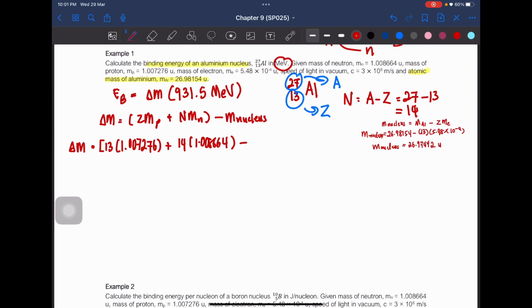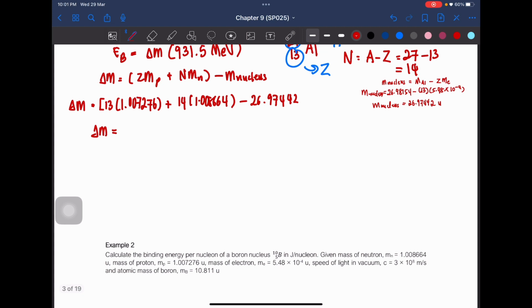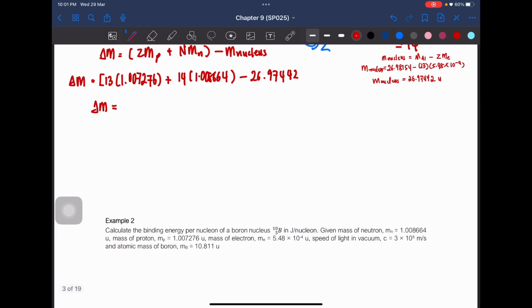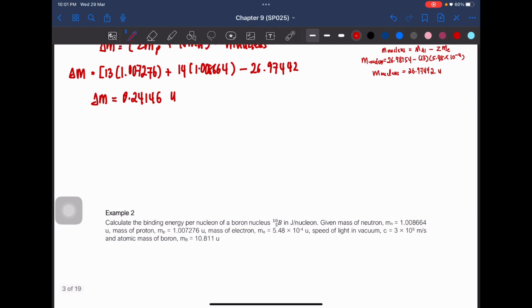Okay, so minus dengan 26.97442. Okay, so kita boleh dapat the mass defect to be equal to 0.24146 U.